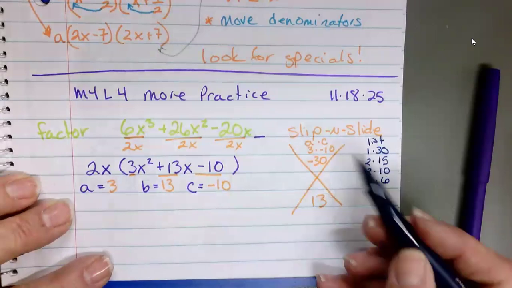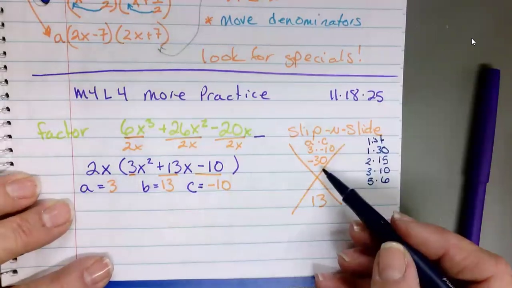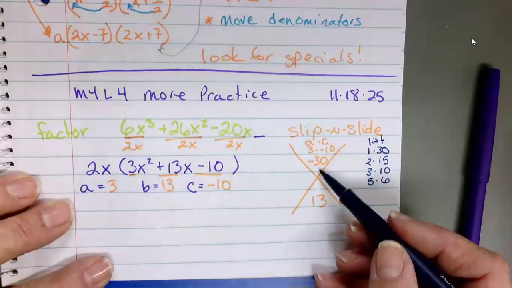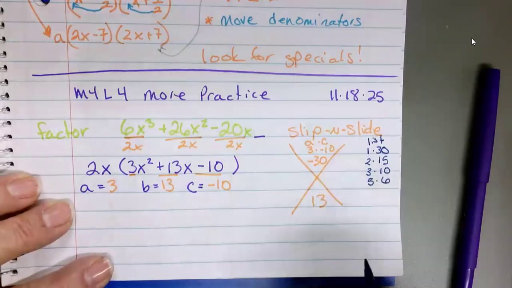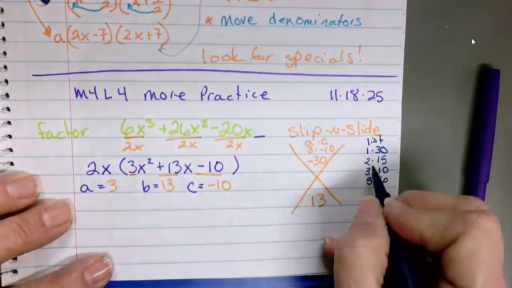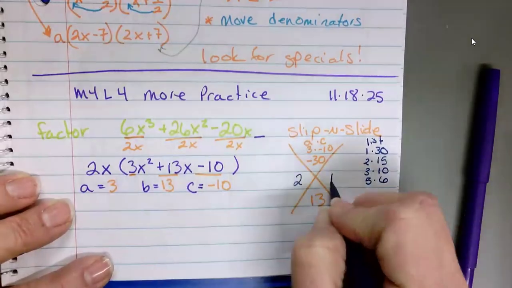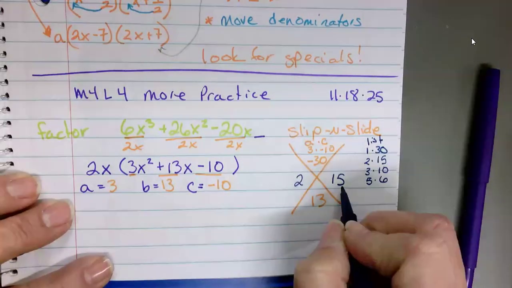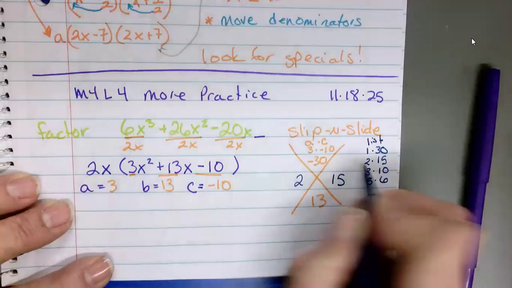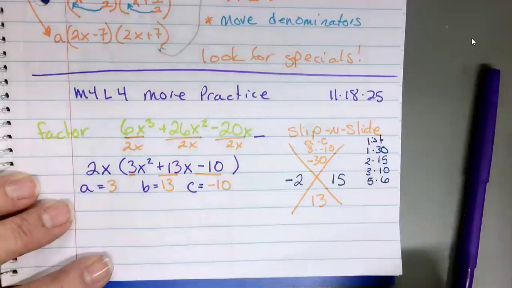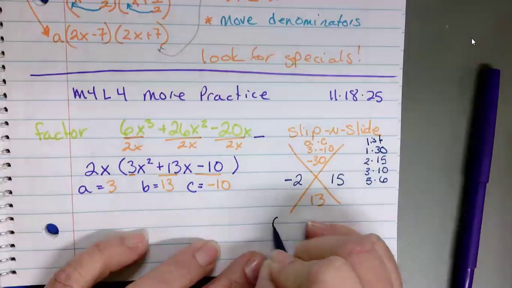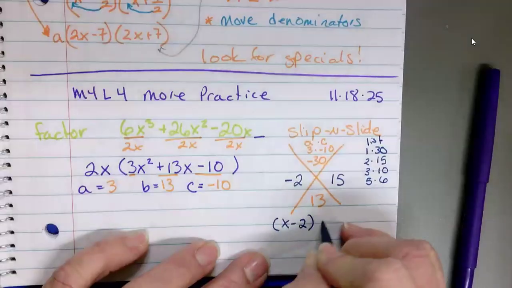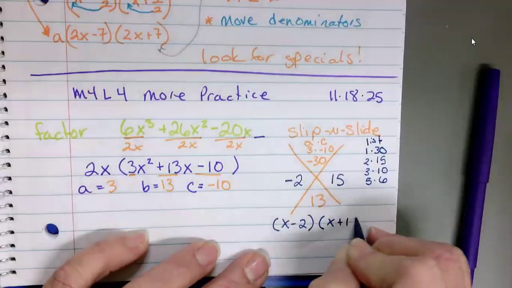But I cannot get it to multiply to make a negative 30. So 3 and 10 cannot be the factors I need. So it will in fact be a 2 and a 15, where the 15 is positive, so I end up with a positive 13, and the 2 is negative. And that'll give me x minus 2, x plus 15.